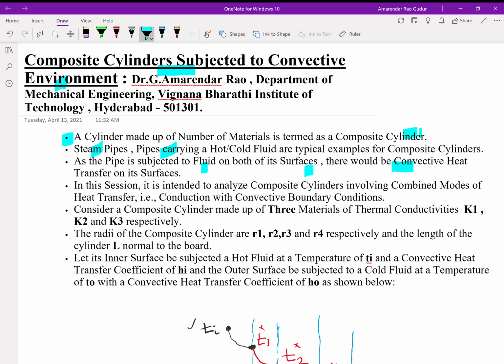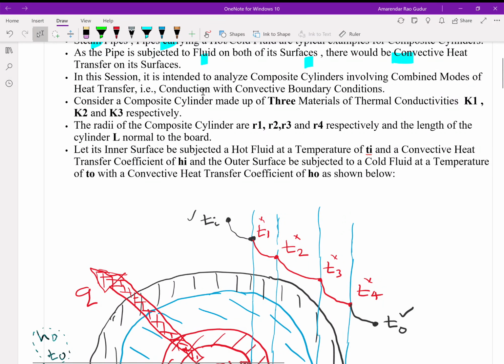In this session, it's intended to analyze composite cylinders involving combined modes of heat transfer. Having said combined modes of heat transfer, it's going to be conduction with convective boundary conditions. Now we'll pick up a cylinder made up of three materials to begin with.